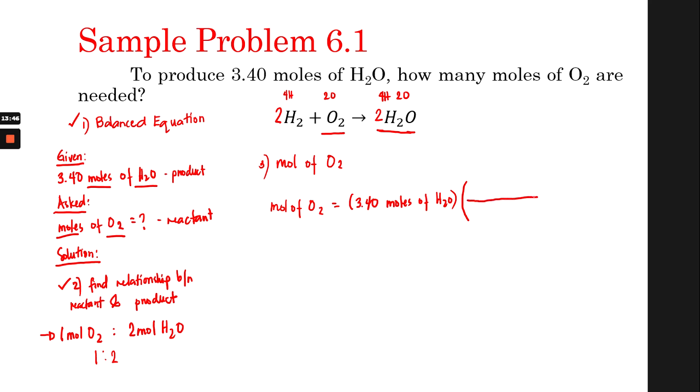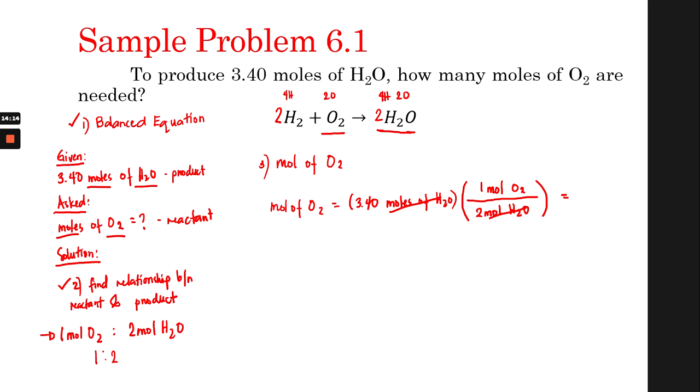So meaning in every 2 moles of H2O, we always have 1 mole of O2. After that, we can now solve for the moles of oxygen because the moles of H2O is cancelled. So what's left is moles of oxygen.